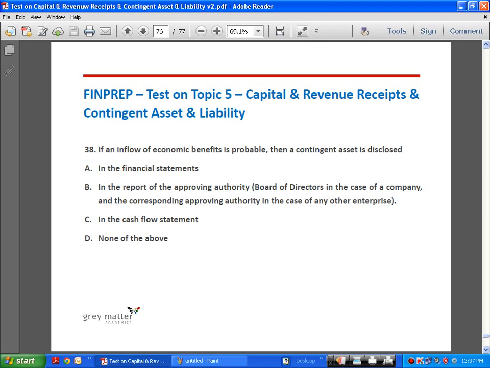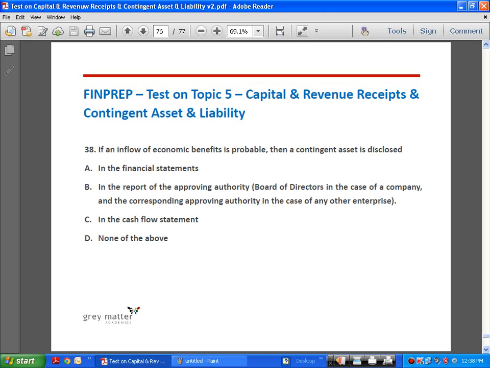For example, suppose the company has filed a suit against another entity, and the company is very confident of winning the case, but the suit is still pending in the court of law. So we don't know what is going to be the decision. Though the company feels that it is going to win the case, this receipt of damages upon winning the case is contingent upon the decision that the court of law is going to give.